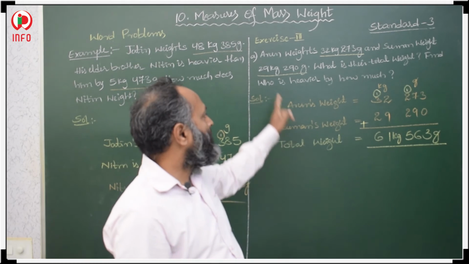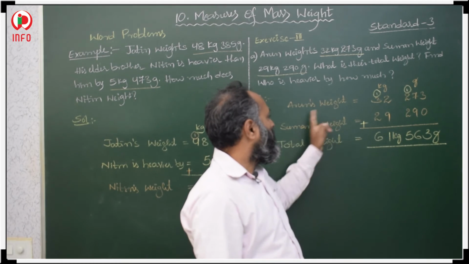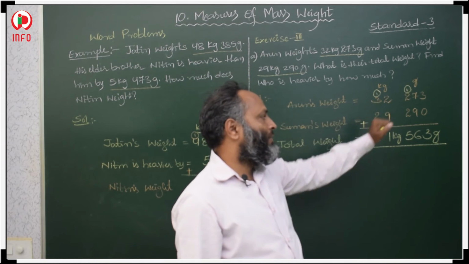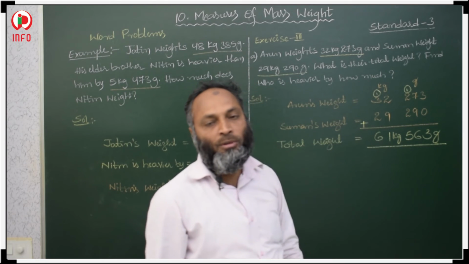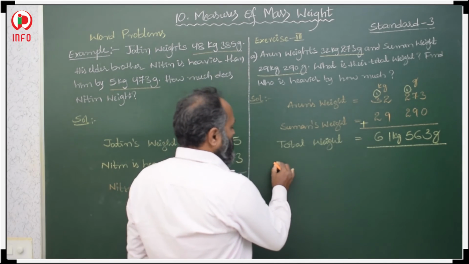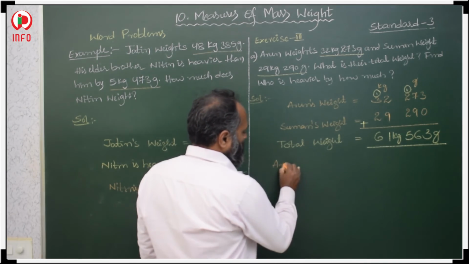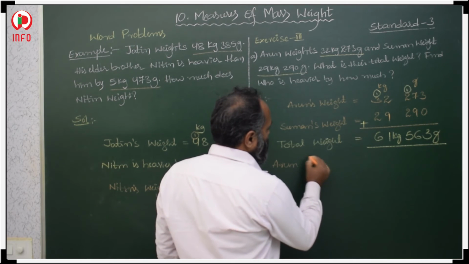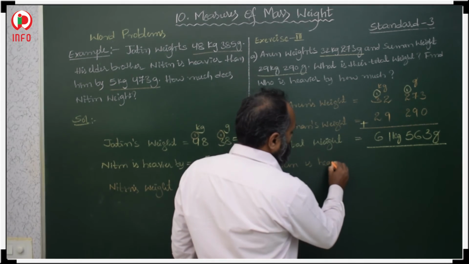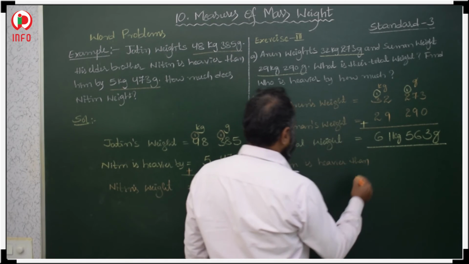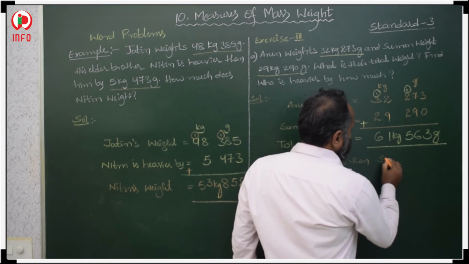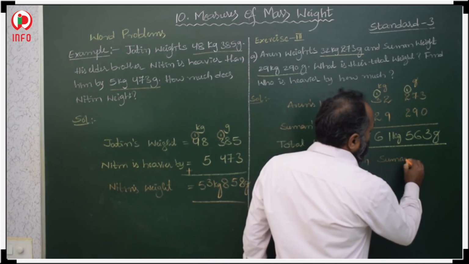Now, in the second, who is heavier? He is asking. Arun's weight is 32 kgs 273. Suman's weight is 29. In 32 and 29, 32 is more. Arun is heavier than Suman. How much is he asking?